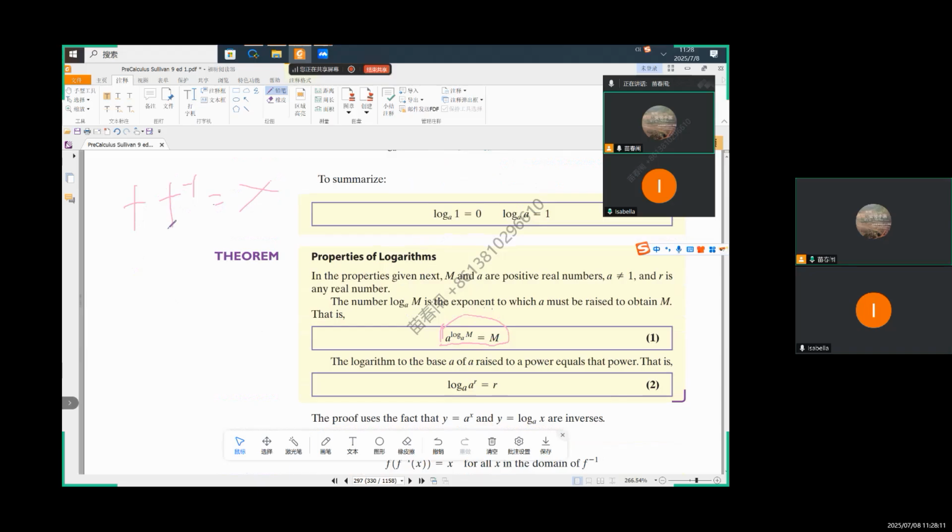It's like the inverse function, eventually it's itself. Let me show you. Let's say y equals 3x.